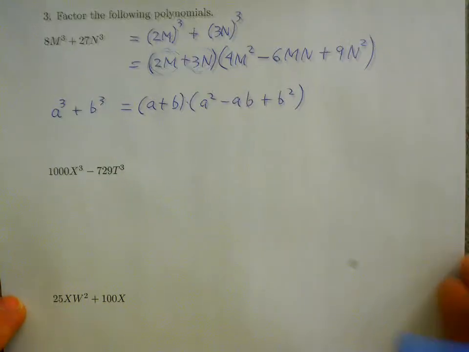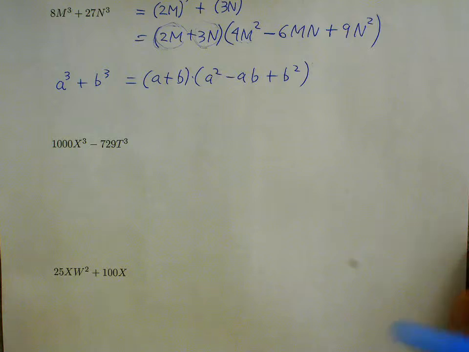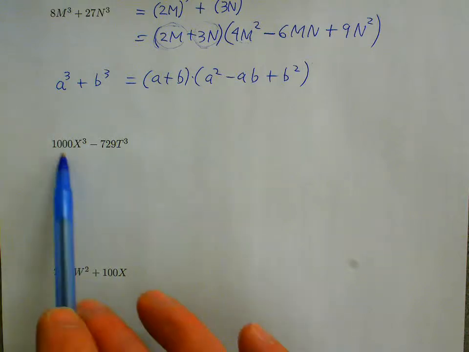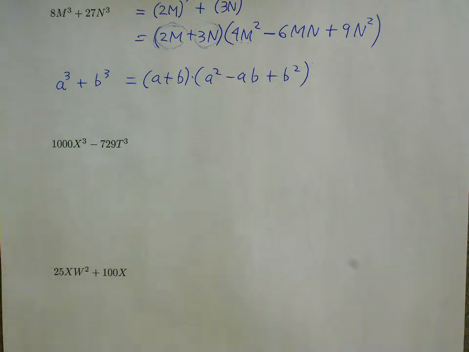Okay, the next one, 1000x to the third minus 729t to the third. So this one is a difference of cubes. 1000 is 10 to the third, so 1000 is a perfect cube. 729 is 9 to the third, so 729 is a perfect cube.